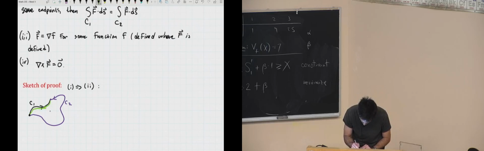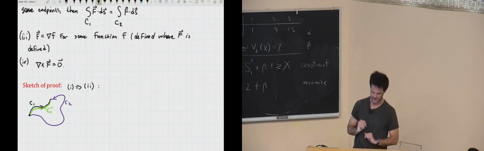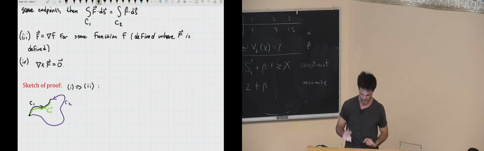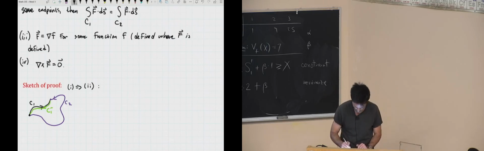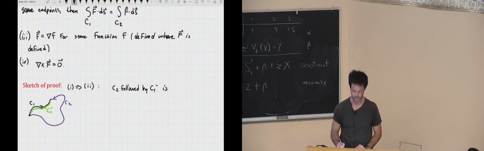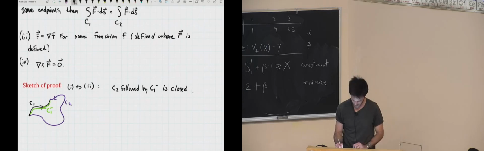I'll call this path C1 minus, which is C1 in reverse. Then if you traverse path C2 followed by C1 in reverse, that's a closed loop, right? That's a closed path that starts and ends at the same place.